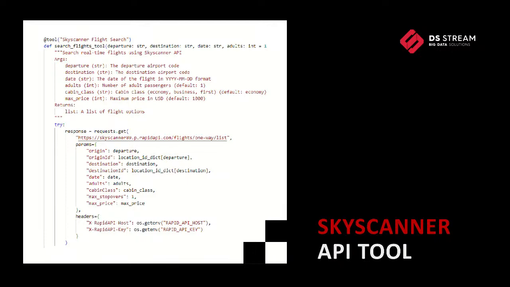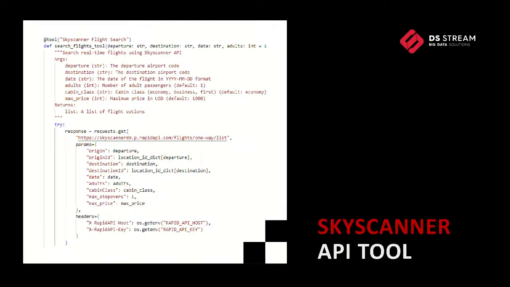Yeah, and another part of code. This one shows how the AI agent talks to Skyscanner to find real-time flight information. When you provide details like where you are flying from, your destination, the travel date, and how many passengers, this tool sends those details to Skyscanner by API. It then receives a list of flights with prices, times, and airlines.